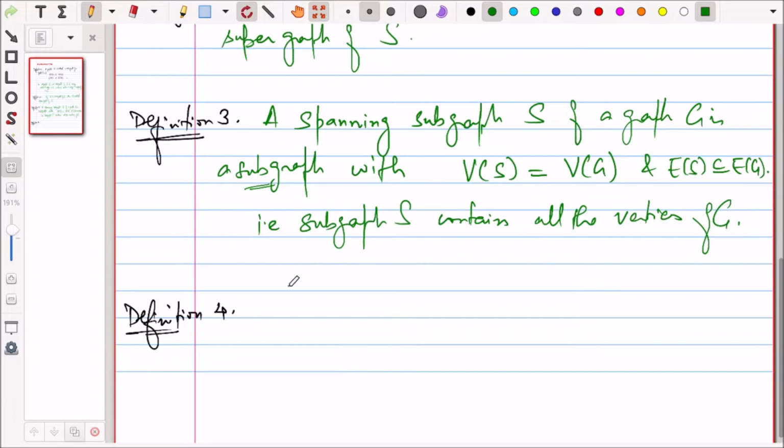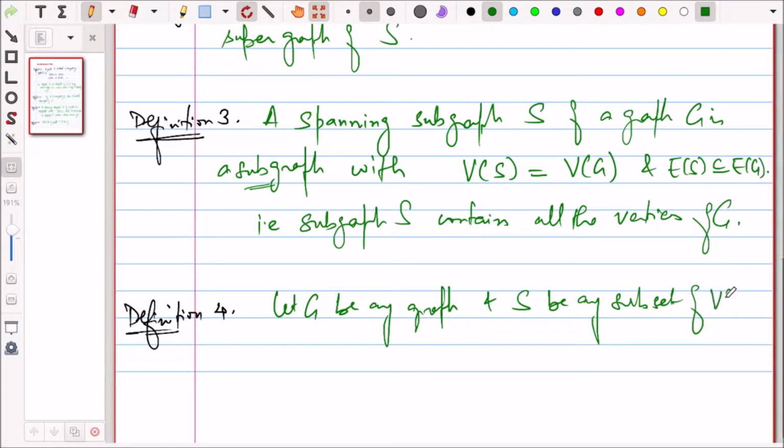Now we are going to define an induced subgraph. Let G be any graph, and let S be any subset of the vertex set of G. ठीक है, तो G कोई भी ग्राफ है, S is any subset of Vg. Fine.